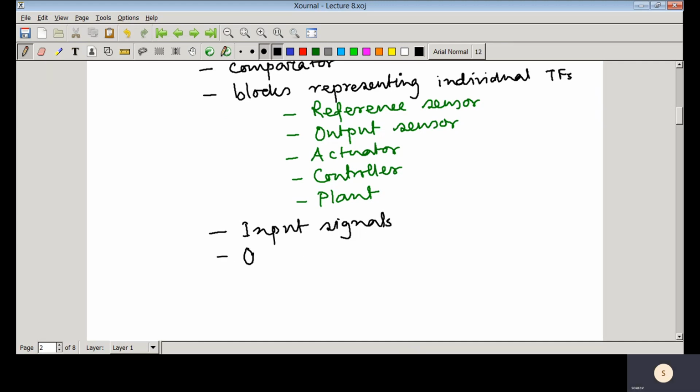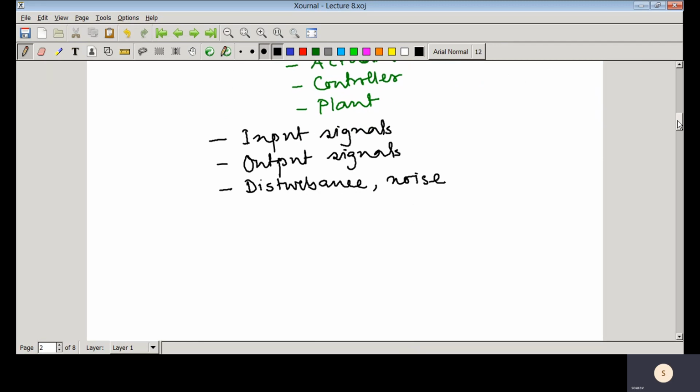Then output signal, that is the measured controlled output, that measured signal. And then the disturbance, noise. So these all are unwanted signals which are inevitable in closed loop control systems. And another one is the feedback loop.